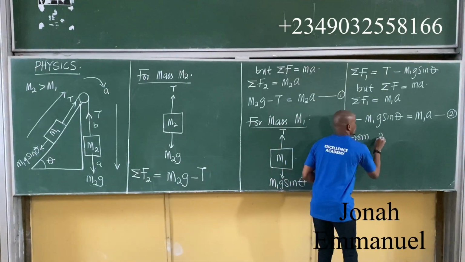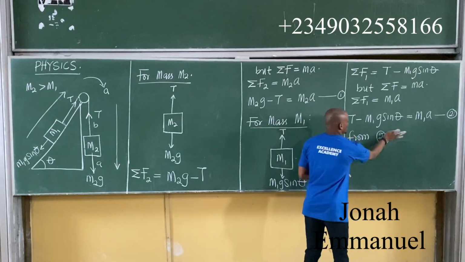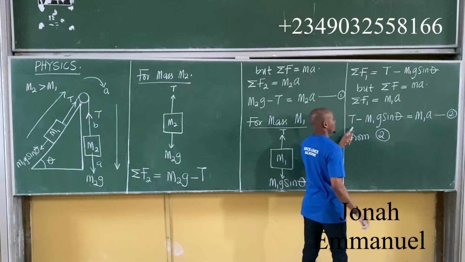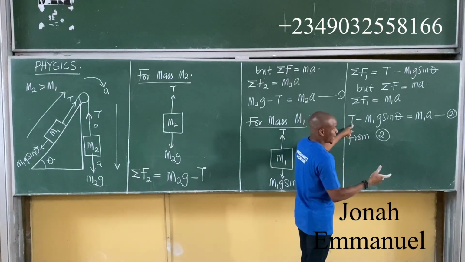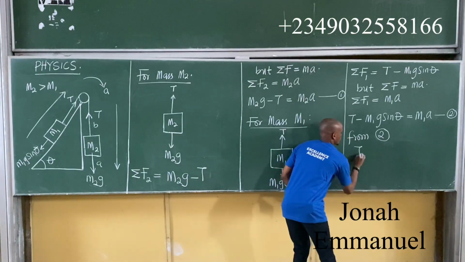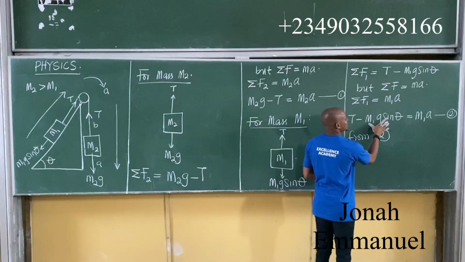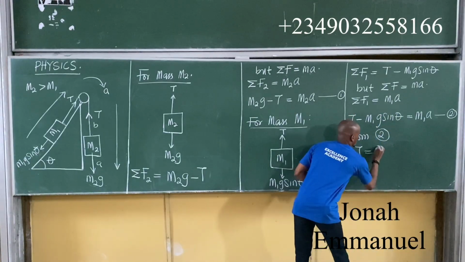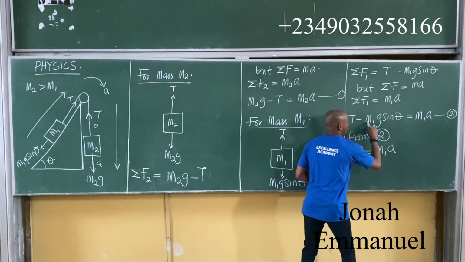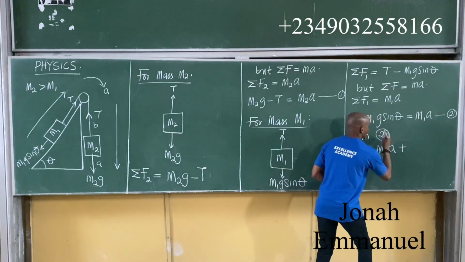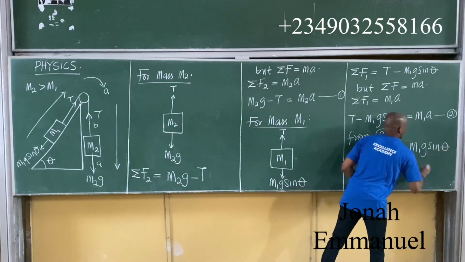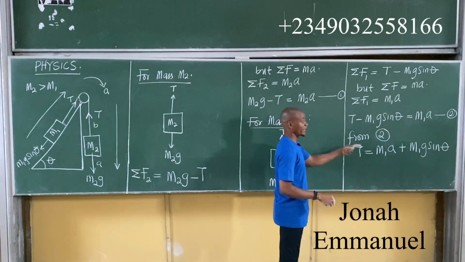From equation 2, let's make T the subject of the formula. From here, T is equal to, the constant becomes positive, so it's equal to M1a plus M1g sin theta. So here's the value of T from here.